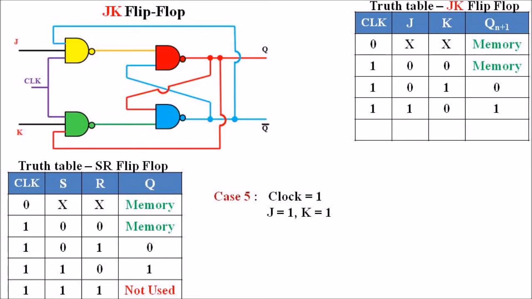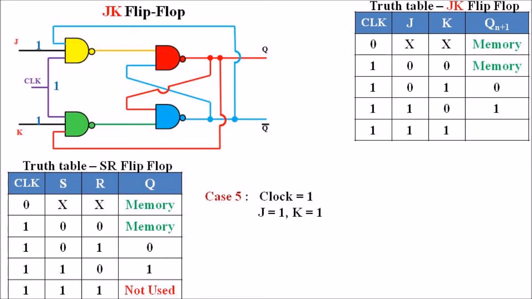So now we are discussing that case, that is clock equal to 1, J equal to 1 and K equal to 1. Analyzing this circuit, it is evident that the yellow NAND gate, the first NAND gate, as well as the second NAND gate, the green NAND gate, are getting two inputs, 1 and 1. Thus the output will depend upon the third input pin.